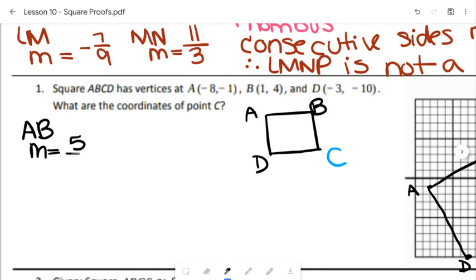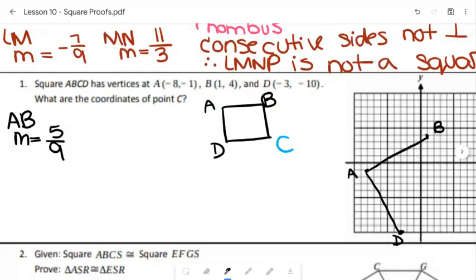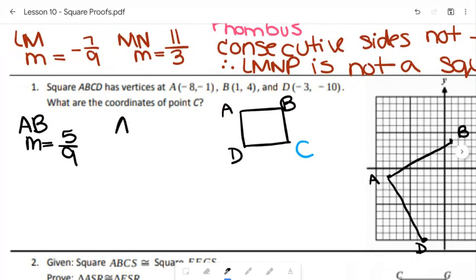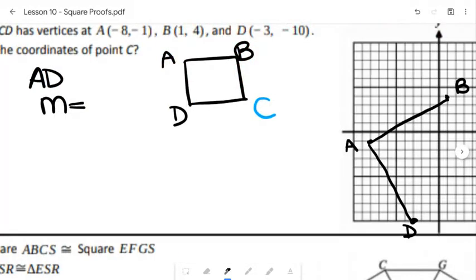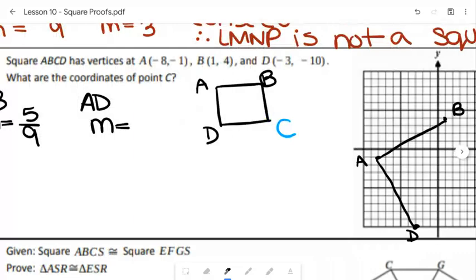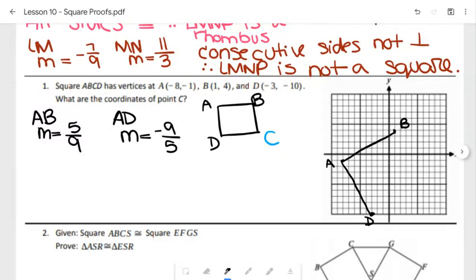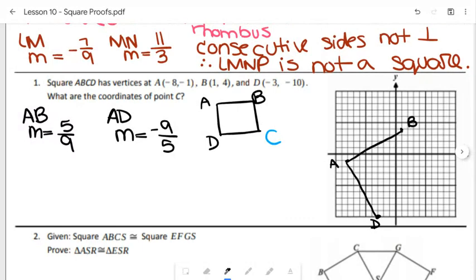So up 5 over 9. And if I look at the slope of AD, we're looking down 9 over 5, which checks out because we said they were going to form a right angle. Okay, so AD and AB do in fact have a right angle in between them.